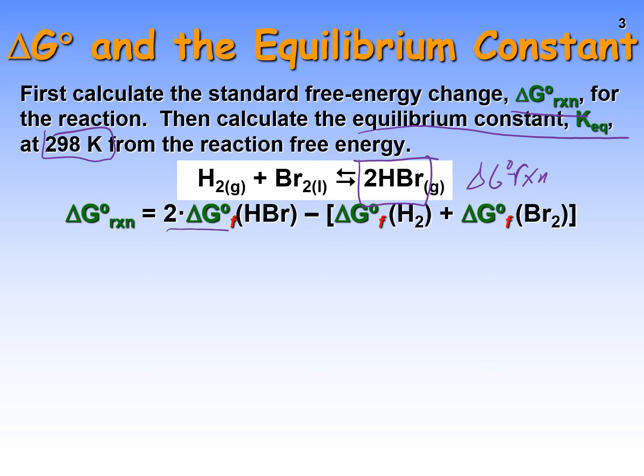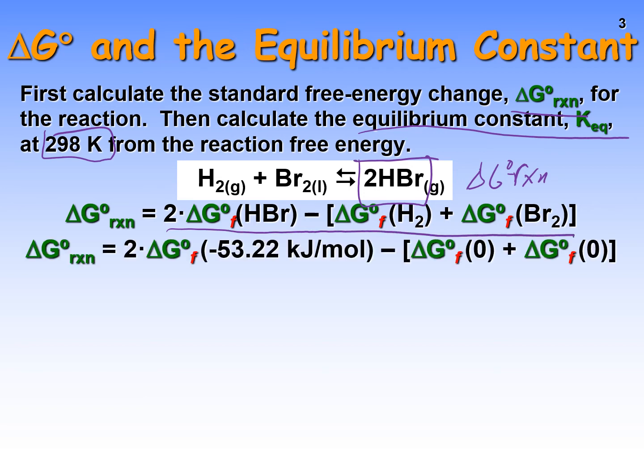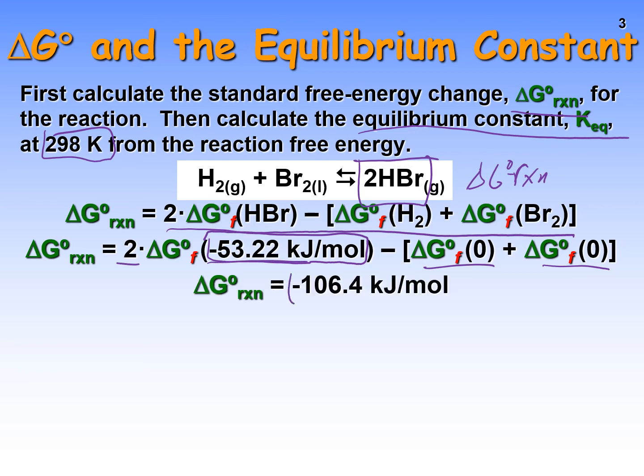And here's my equation, right? Based on everything we've learned. Well, I have to go away and find my HBr delta G naught of formation, which I did. It's negative 53.22 kilojoules per mole. That's 0 for H2 and 0 for Br2. And so 2 times this gives me my delta G naught of this reaction, which is this value.